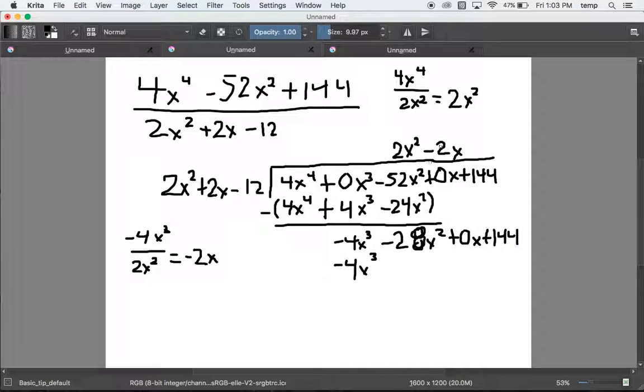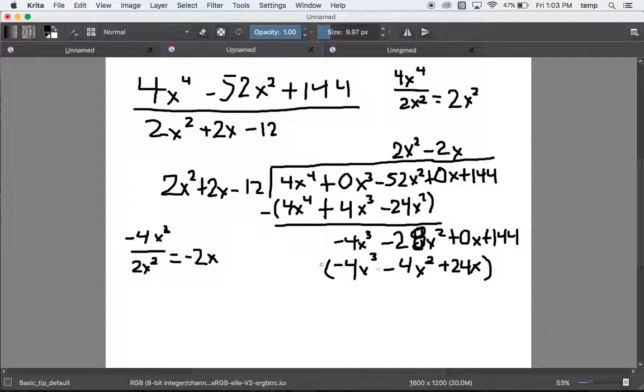Then we have negative 2x times a positive 2x. Negative 2 times 2 is negative 4, and x times x is x squared. And finally, we have negative 2x times negative 12. Negative 2 times negative 12 is a positive 24, so positive 24x.